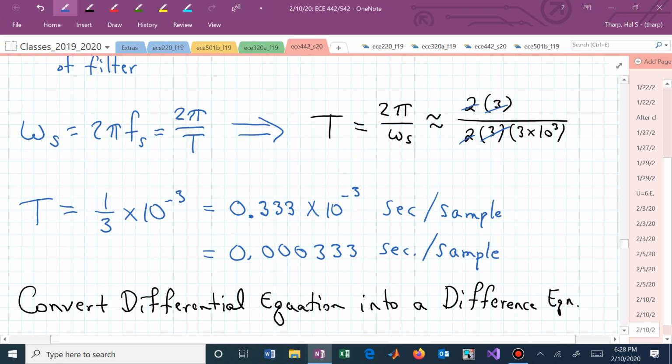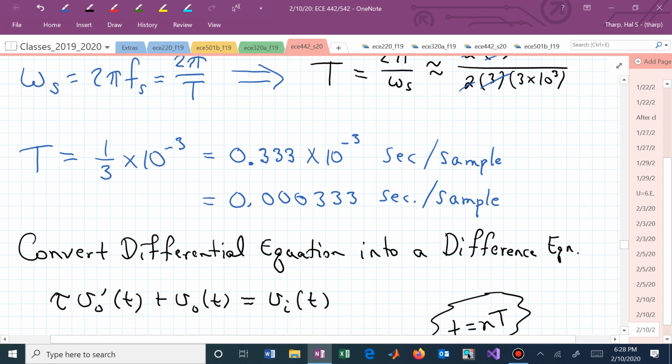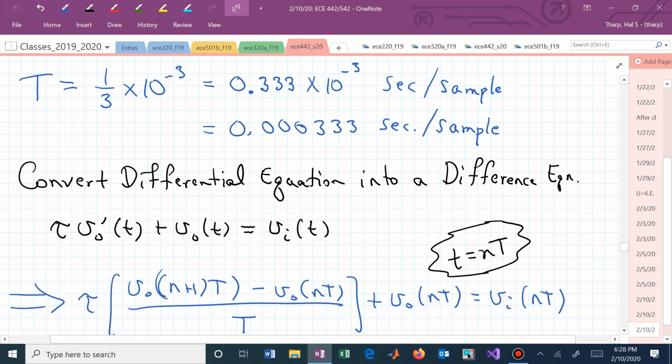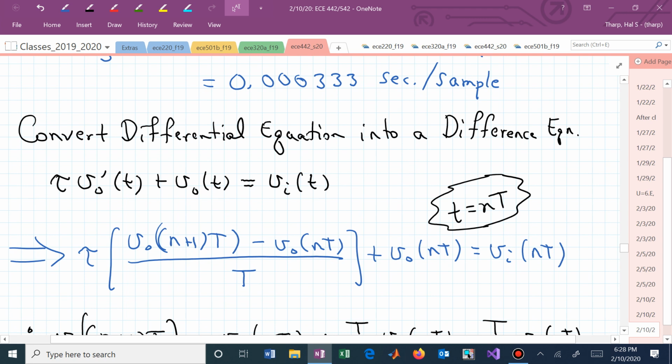That would be then what you might put into this spreadsheet. Well, we haven't yet made it to the difference equation, have we? I'm ahead of myself. Let's now find the difference equation. We can now convert the differential equation into a difference equation. We know tau, and we're approximating the derivative by this forward difference.